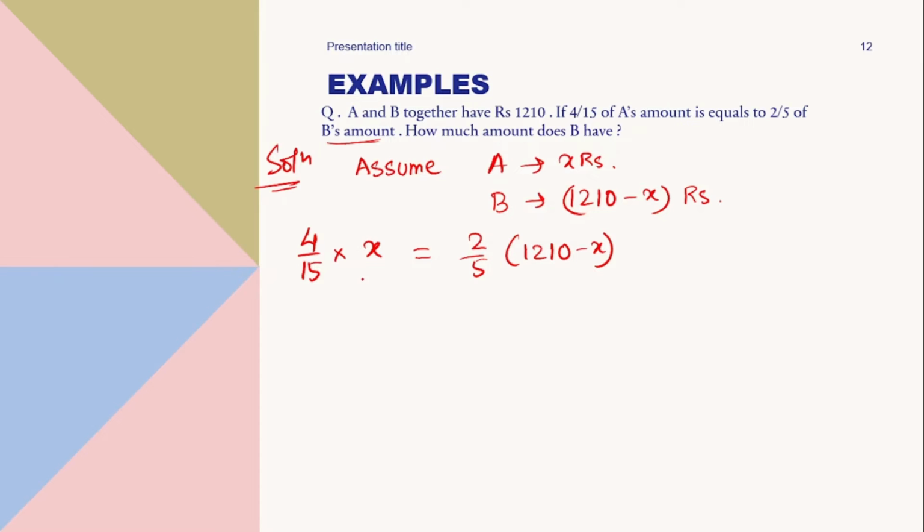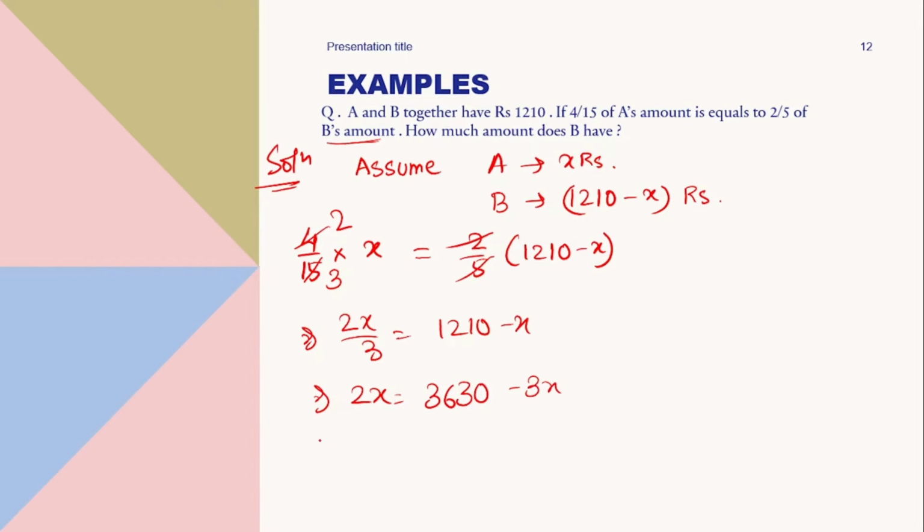This is the simple equation of this question. Here 5 and 15 will cancel, 3 remains, and 2 and 4 become 2, that is 2x by 3 equals 1210 minus x. So 2x equals 3630 minus 3x, so 5x equals 3630.